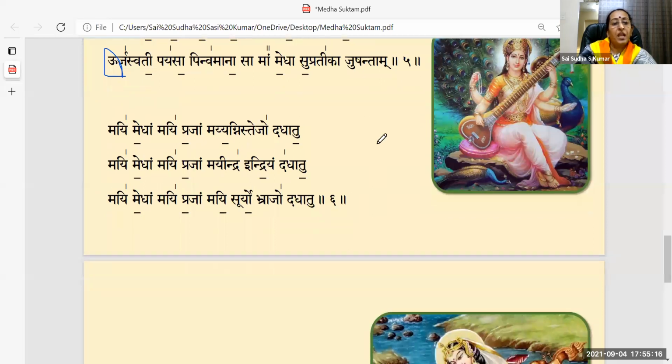Then Mayi Medham Mayi. Here again, it is not Mayi Medham; it is Mayi. Mayi Medham. That clarity has to come. It's not Mayi Medha, it's not Me Medha. It is Mayi Medham Mayi Prajam Mayi Agni.